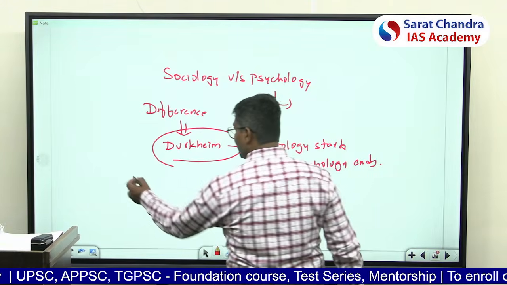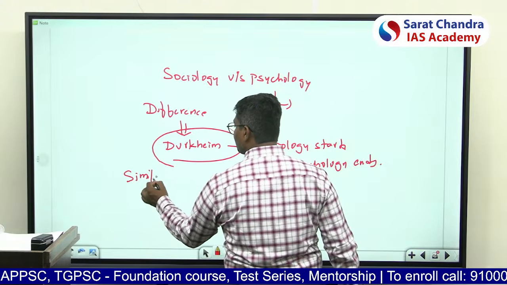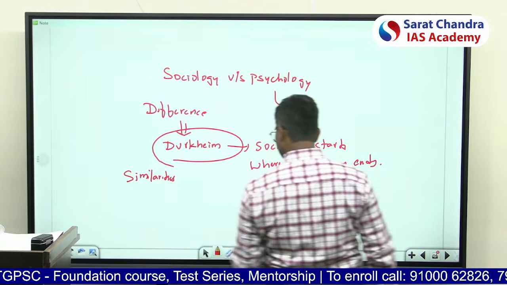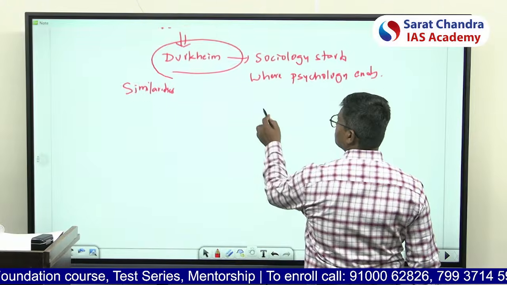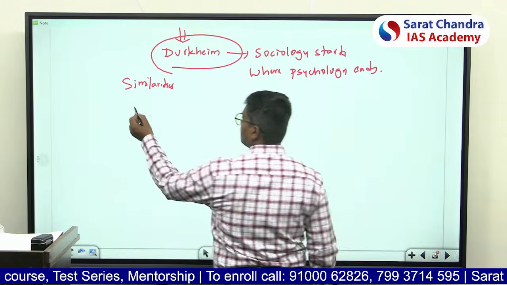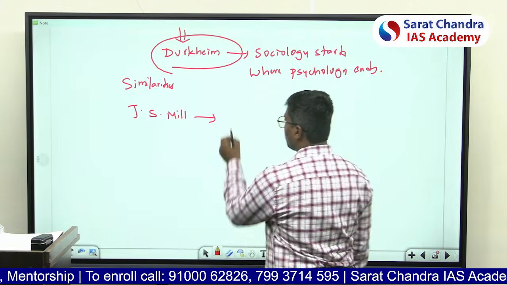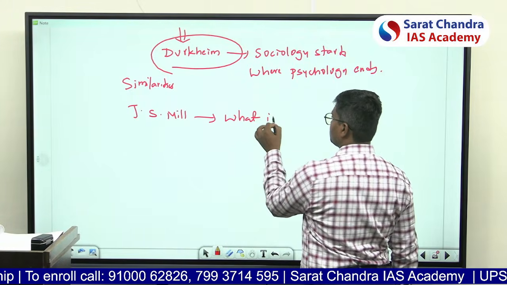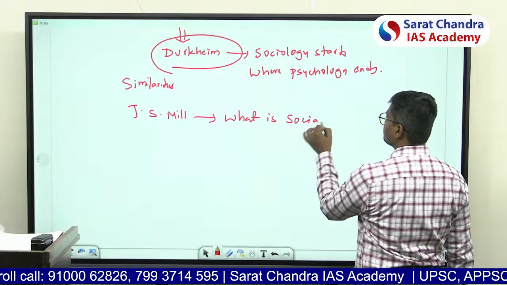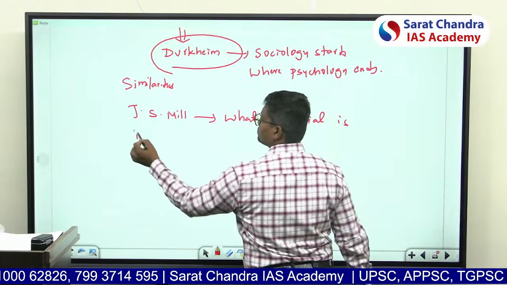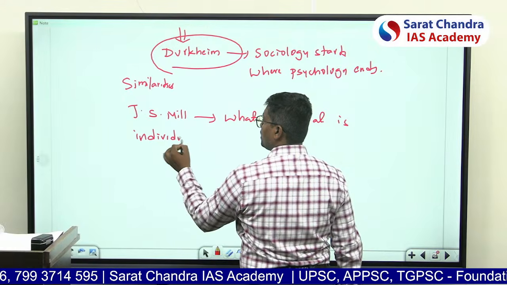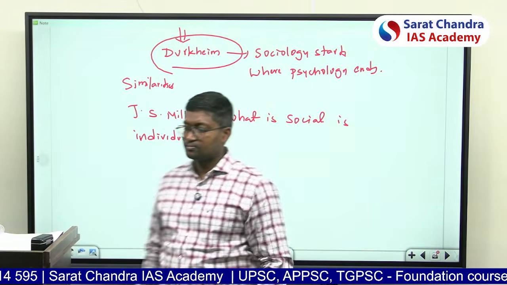So when we are talking about similarities, J.S. Mill said that what is social is individual.